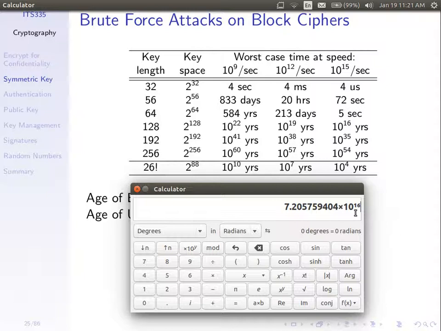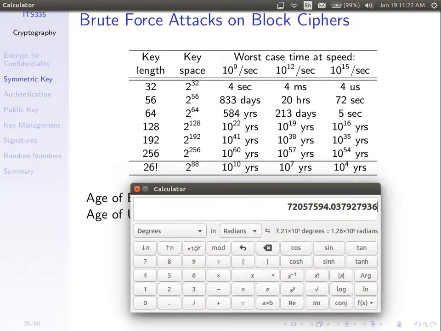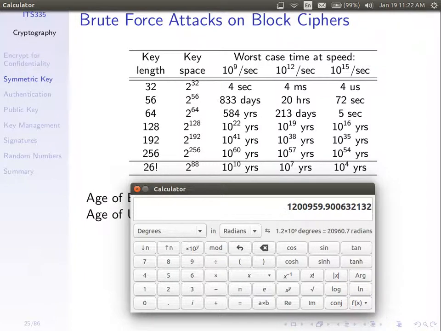Then it takes 10 to the power of 16 operations divided by our 10 to the power of 9 per second. So we can do 1 billion per second. So that's the number of seconds it would take to do the brute force attack. How many minutes? Divide by 60.